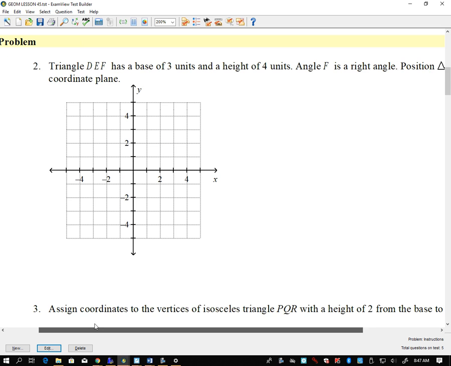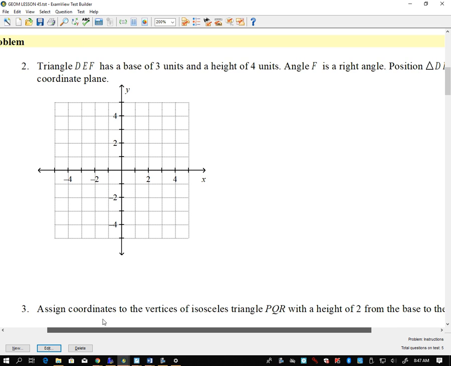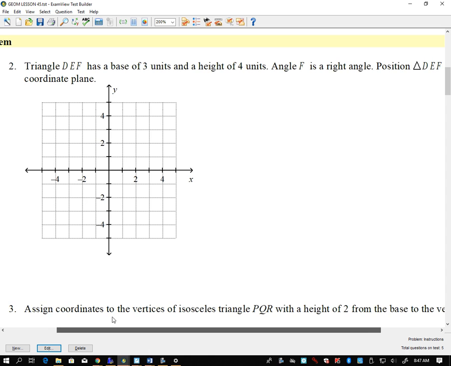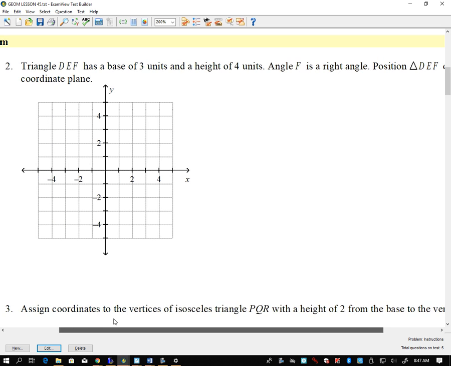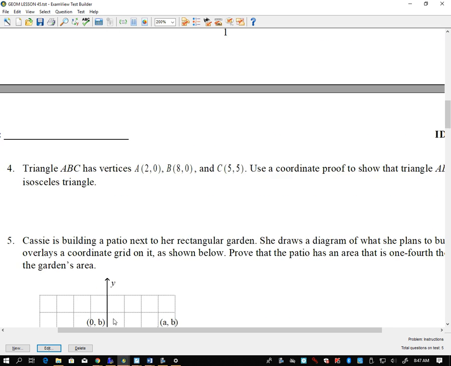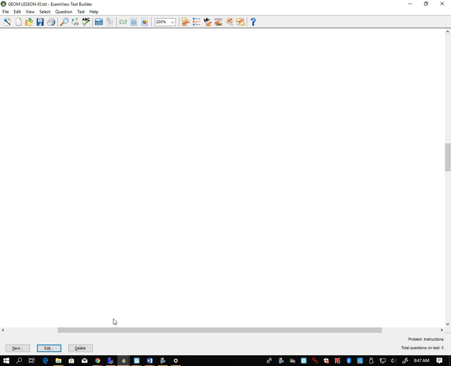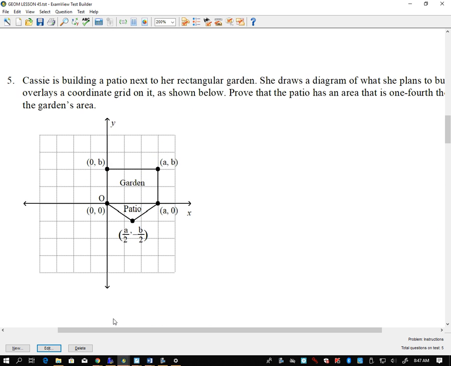Some of these are going to be hard to draw because I can't actually draw them. Honestly, at this point, there's really not that many questions in this.